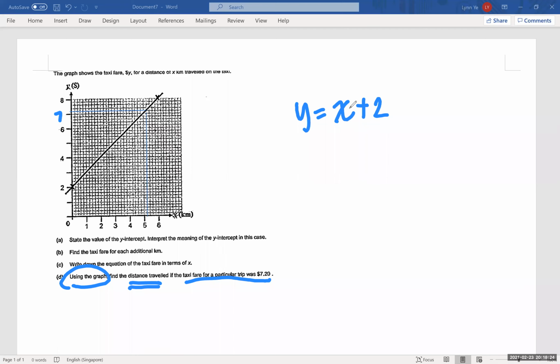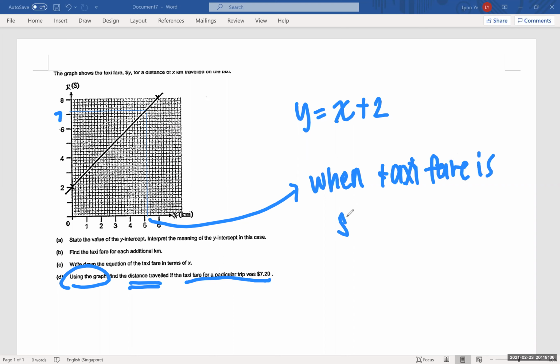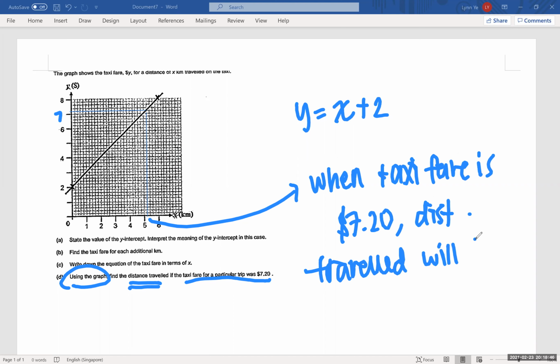And therefore, I know that this is when the taxi fare is 7.20. So when the taxi fare is $7.20, it means that my distance traveled, if you read from the chart, will be 5.2 km.